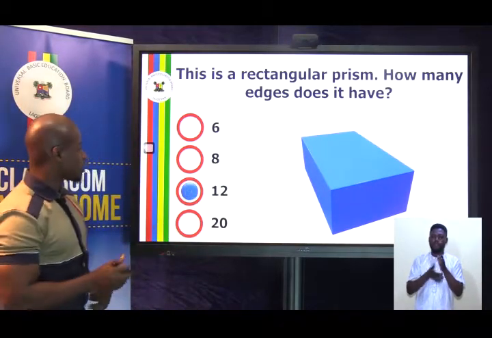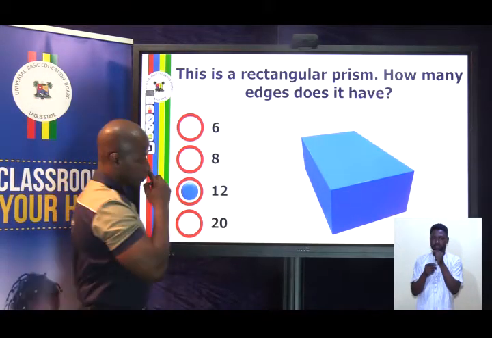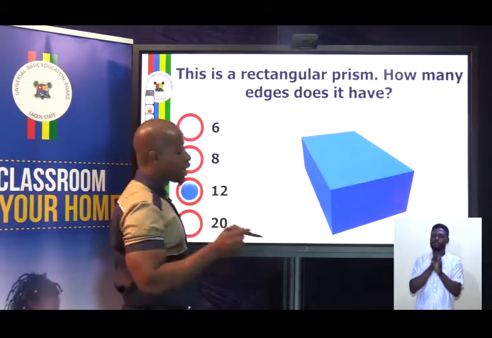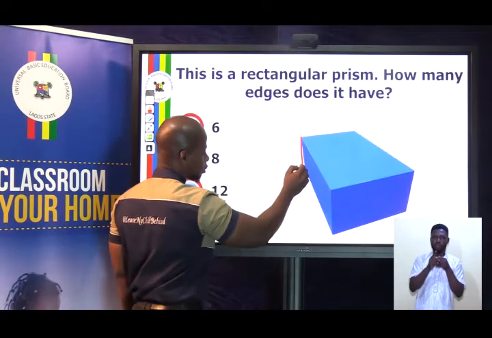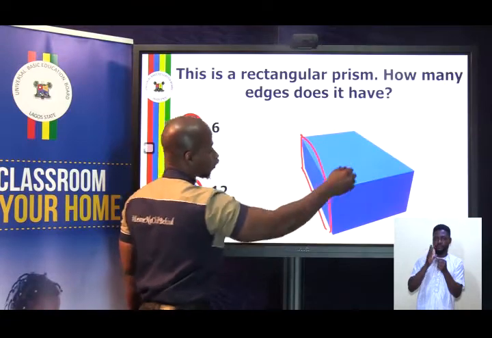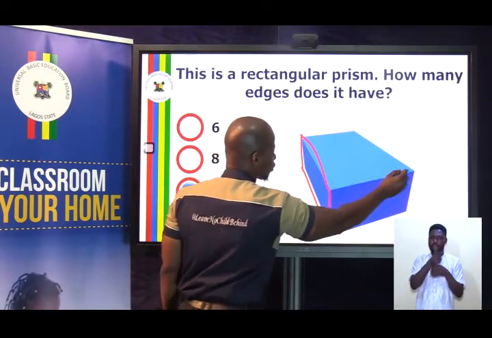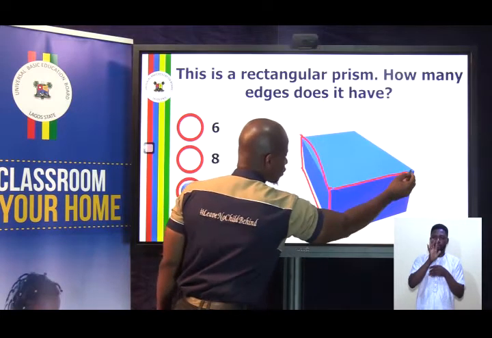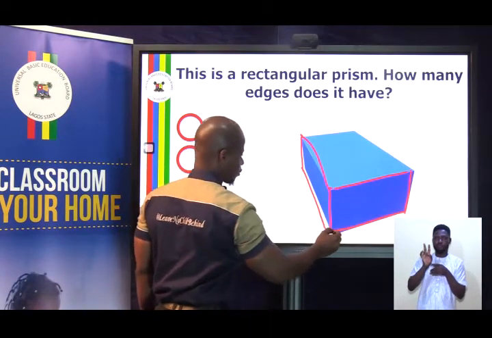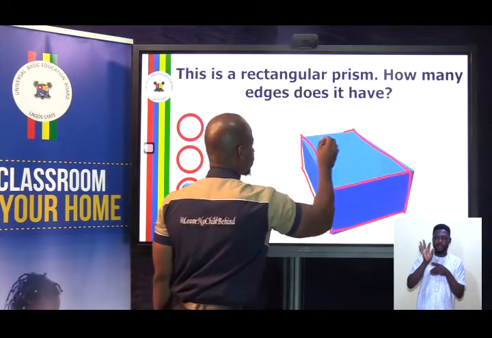It has 12 edges. Let's count. So you can see. Now, the edges, remember, are the straight lines. So this is 1, 2, 3, and 4. And of course, on the other side, there will be another 4. This is 5, 6, 7, 8, 9.